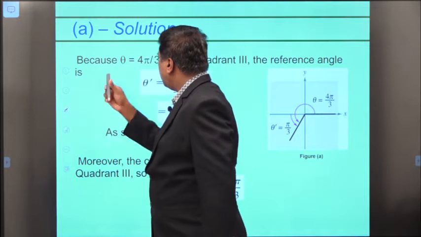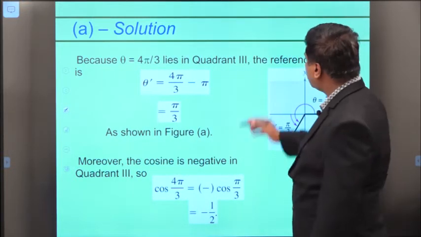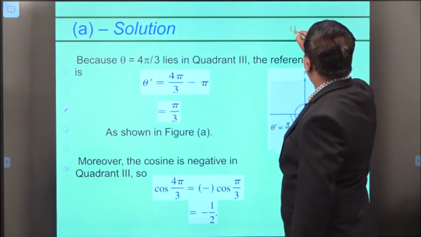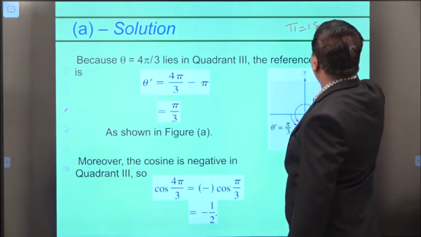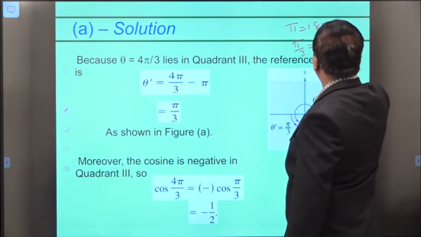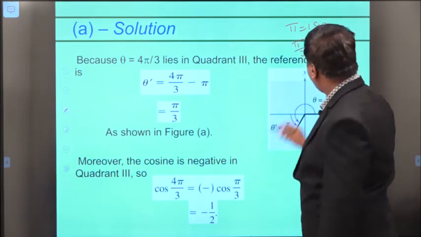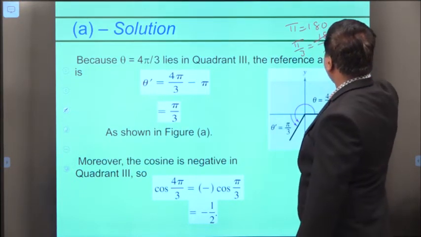How do we find this? Pi is equal to 180 degrees. Pi by 3 is equal to 180 by 3, that is equal to 60 degrees, because we simply cancel these terms.